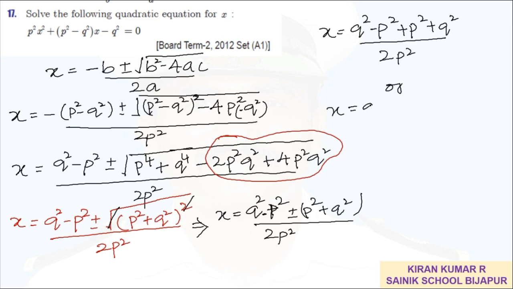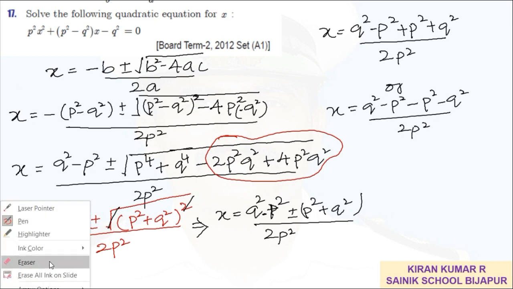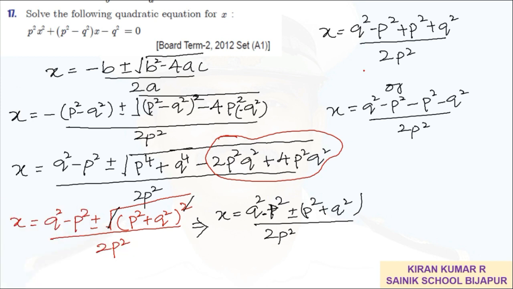Or x will be equal to q square minus p square. Now I will take negative, minus p square minus q square divided by 2p square. Observe, some terms will get cancelled. Here p square will get cancelled. You will be left with 2 times q square by 2 times p square.